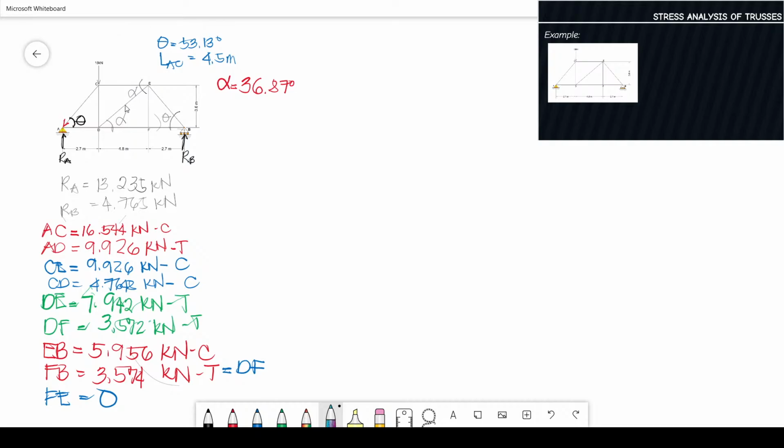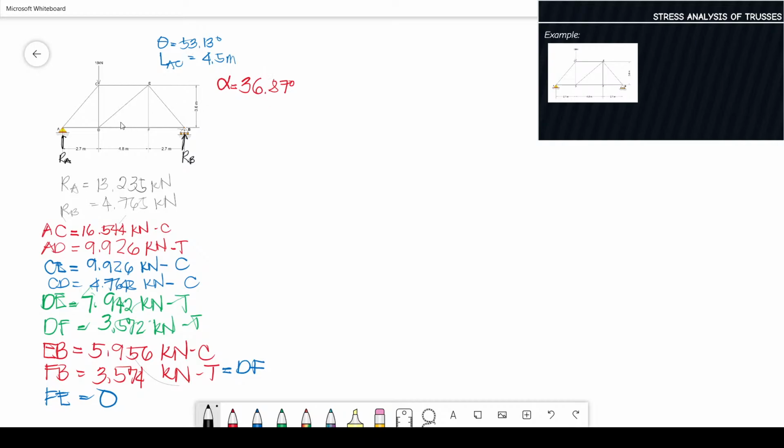Okay. Since we're using the same figure, naturally the reactions are the same letters, RA and RB, okay?